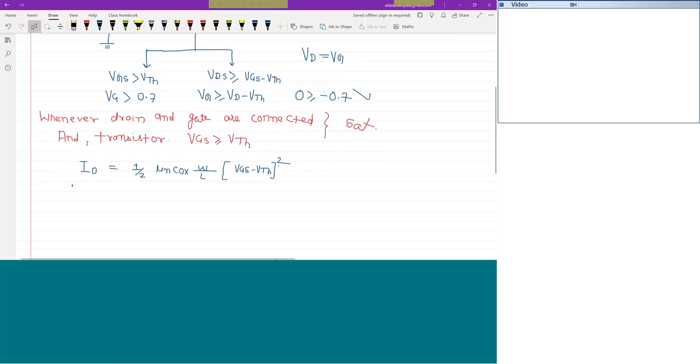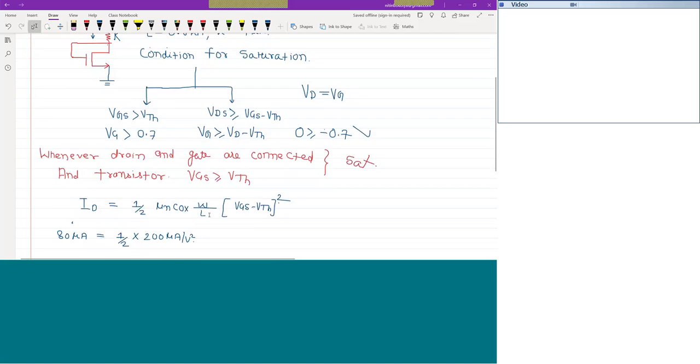ID is equivalent to 80 microampere, which is equivalent to 1/2 into 200 microampere per volt square into W/L, which we are interested in.